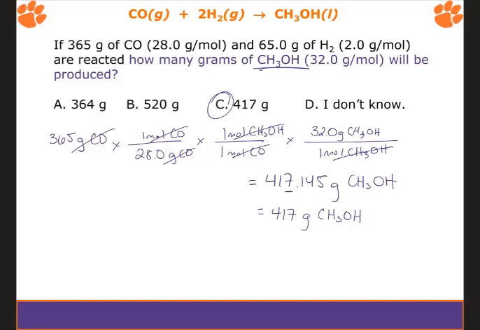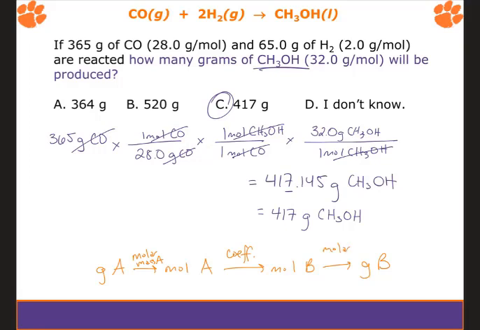So again, these are just standard stoichiometry calculations. I just went from grams of, in this case, carbon monoxide into moles of carbon monoxide into moles of methanol into grams of methanol. All right. So again, this is molar mass of A. This is your coefficients from your balanced chemical equation.